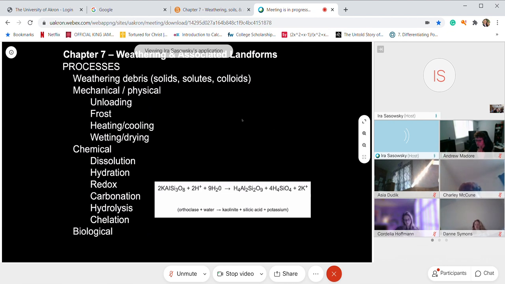Wetting and drying can be an important process, particularly if we have clay minerals that are present. Some clays, when they become moistened, will swell, and they can exert a very strong pressure on the surrounding materials. In some instances, wetting and drying leads to the actual disaggregation of the material.